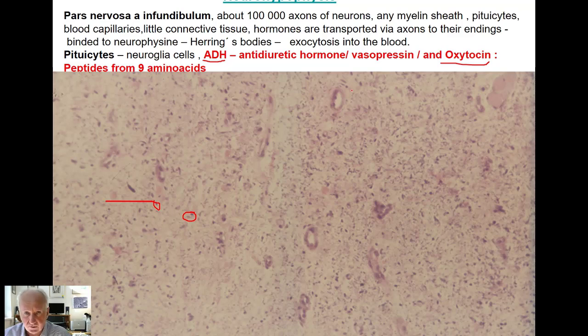So one of those two hormones is antidiuretic hormone, ADH, in another name vasopressin, and the second hormone is called oxytocin. So these two hormones are produced in the hypothalamus and transported through the axons, attached to a transporting protein which is called neurophysin, and with this neurophysin, these two hormones are transported to the ending of those axons and released into the blood.